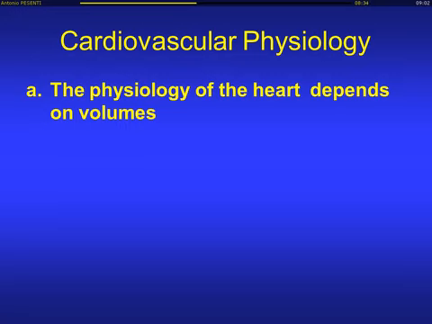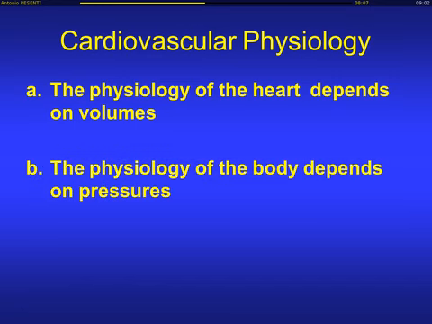Or let's put it this way. We have echo that gives us volumes, and volumes rule the cardiac function. The heart, Frank-Starling, is ruled by stretch, volume changes.